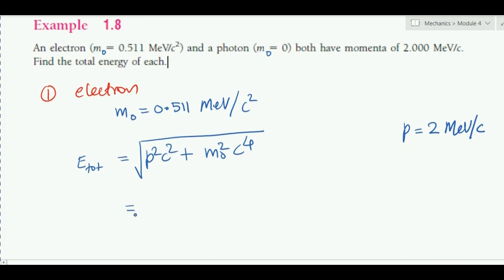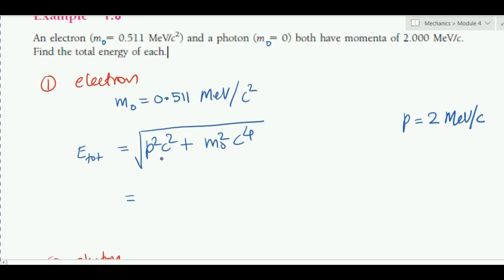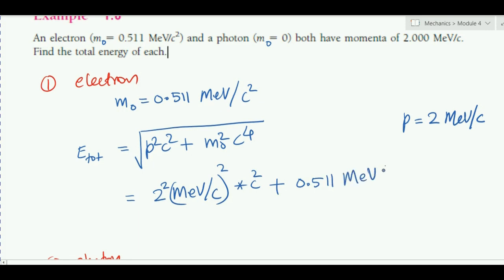So we can directly substitute. p is 2 MeV per c, so 2 square, MeV per c square, multiplied by c square, plus m0 is 0.511 MeV per c square, so m0 square multiplied by c power 4, square root of all this.